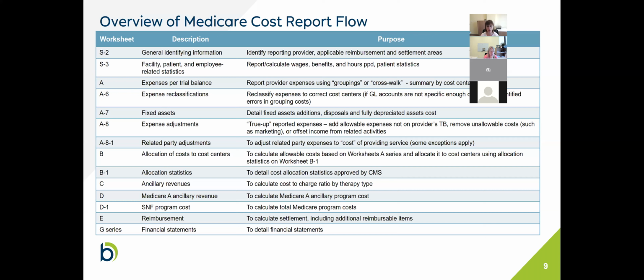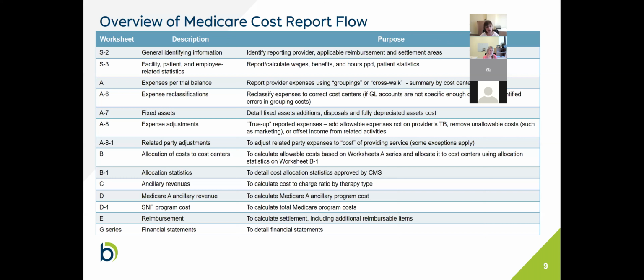So there's an opportunity for us to say, this is the cost that is reported on the cost report, but is it accurate? Do we need to make an adjustment to that and align it with Medicare reimbursement principles? We also have to report names of related parties and services that they provide.